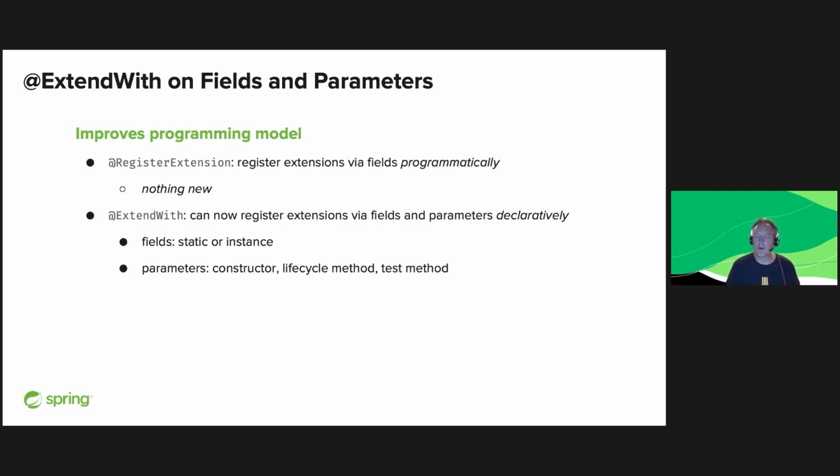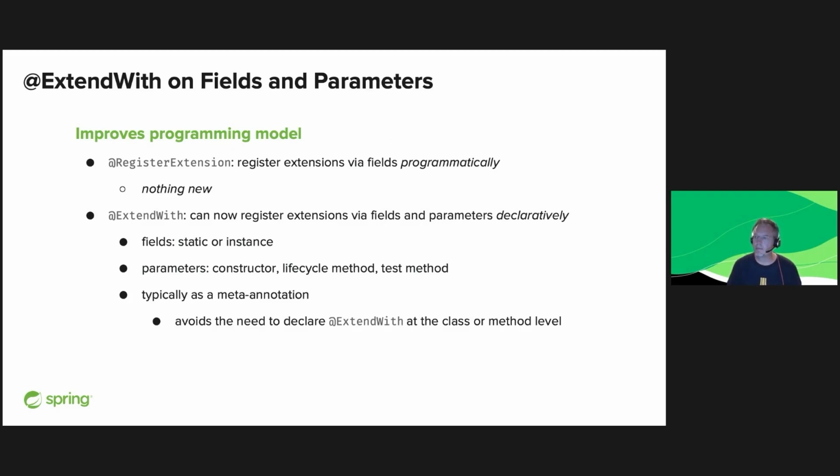And in terms of parameters, it can be used on parameters in a test class constructor or in a lifecycle method like @BeforeEach or @AfterEach, or in your test method or test factory method, etc. Now you can use @ExtendWith directly on the field, but that's probably not very likely. More typically, you would define it as a meta-annotation, or the third-party project providing the feature would define it as a meta-annotation, and you would just use their custom composed annotation.